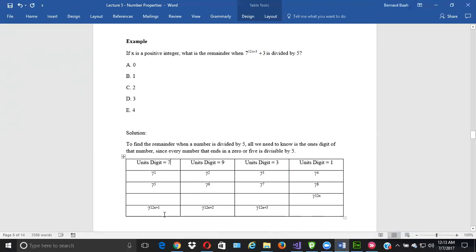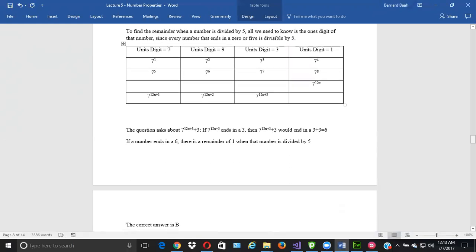So 7 to the 12x plus 1 has a unit digit of 7, 7 to the 12x plus 2 has a unit digit of 9, and 7 to the 12x plus 3 has a unit digit of 3. Then, if 7 to the 12x plus 3 ends in a 3, when you add a 3 to it, the unit digit of the answer will be 6. And any number that ends in a 6, when divided by 5, the remainder will be 1.